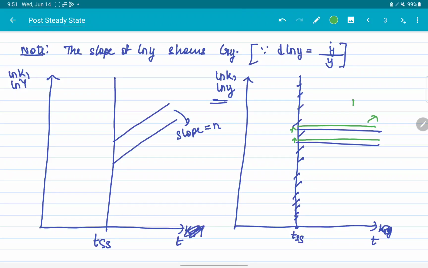But note, no change in slope. There is a rise in the level, so there is a level effect, and there's no change in slope because there is no growth effect. And similarly, this increase in small s is going to raise capital Y and capital K after the steady state, but they'll continue to grow at the same rate.